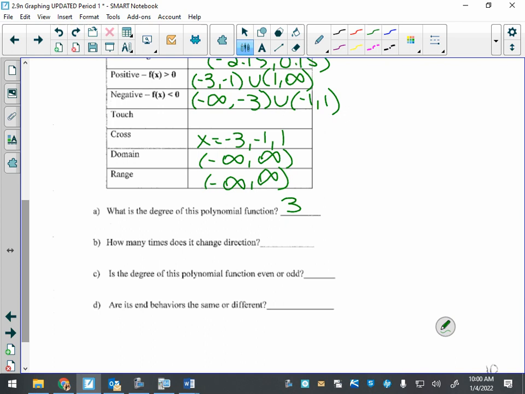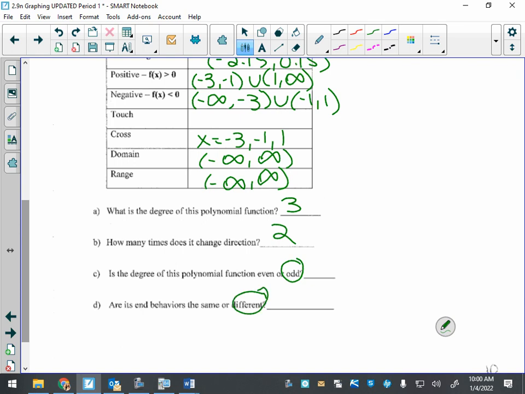How many times does it change direction? 2. Okay. Is the degree even or odd? Odd. Nick, can you grab that for me? Thank you. Are the end behaviors same or different?